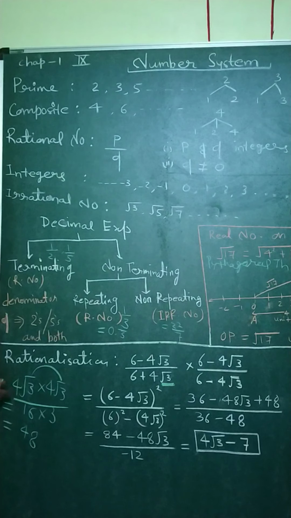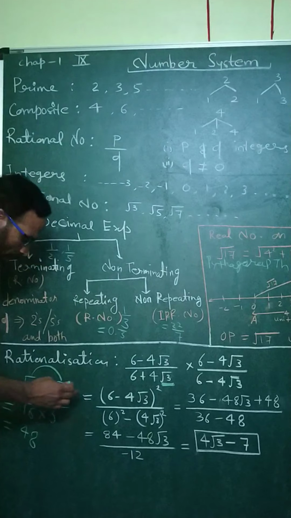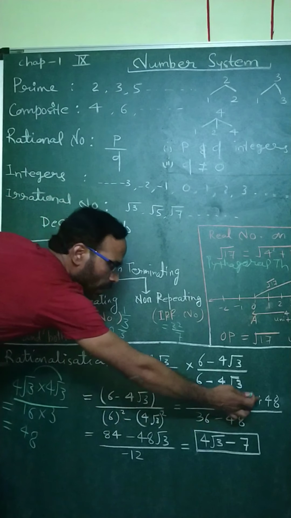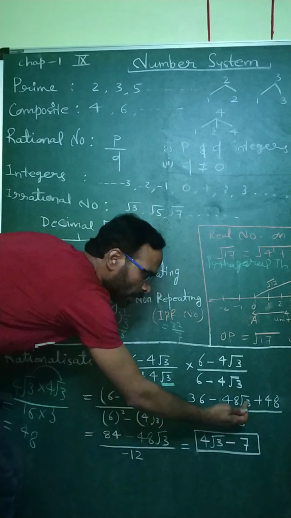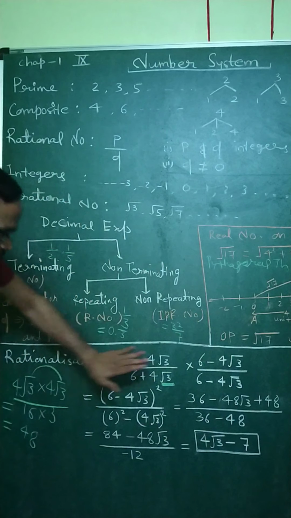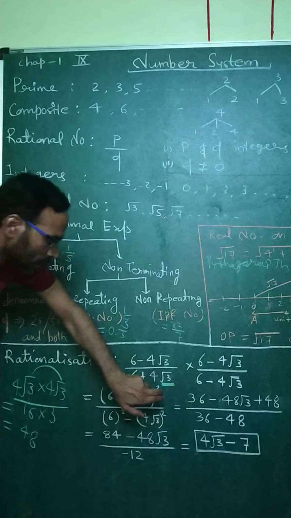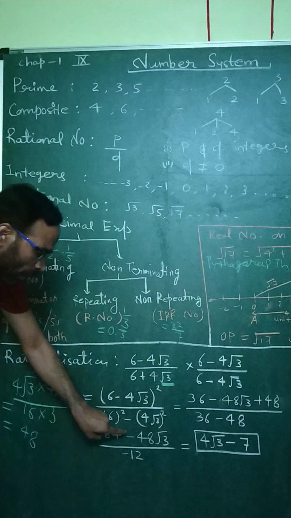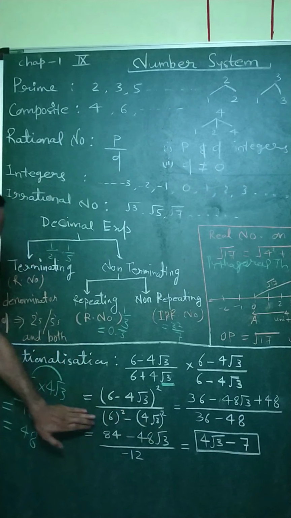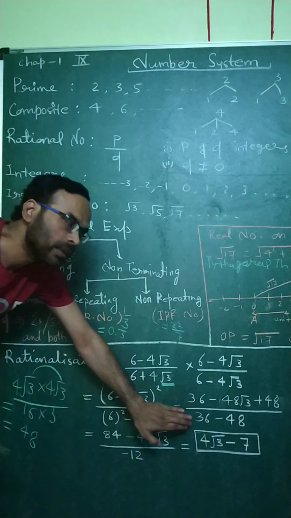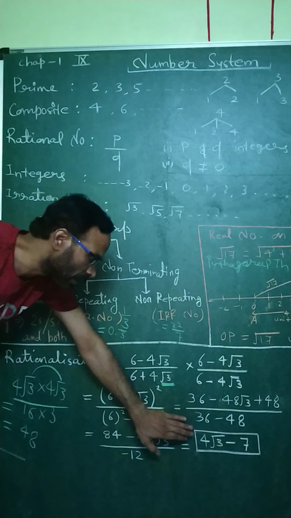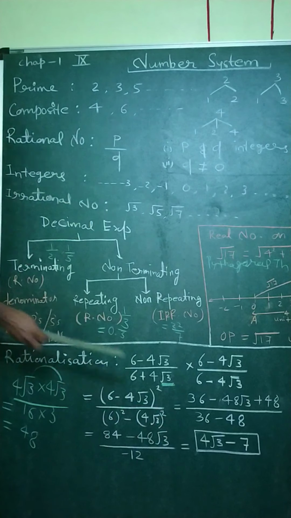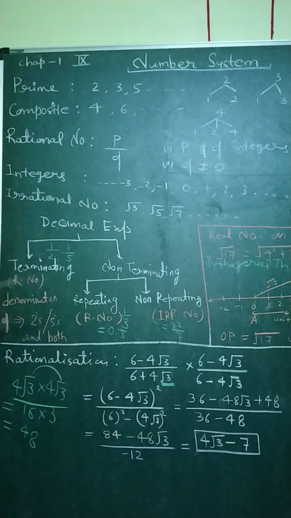This is a new thing for all of you. So this will be the square of B, then the middle term will be minus 2AB, it will come 48 root 3. After simplification you will get 36 plus 48, which is 84, minus 48 root 3. You will take 12 common from here, and this will be common here, and the final answer will come 4 root 3 minus 7.